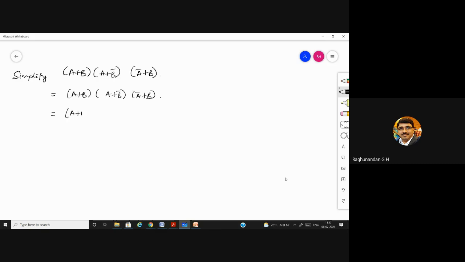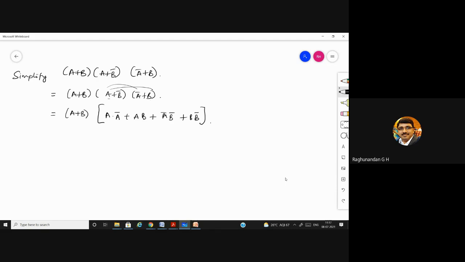(A plus B), just multiply A into A bar, plus A into B, plus A bar B bar, plus B into B bar. According to the duality property, we have seen A into A bar.